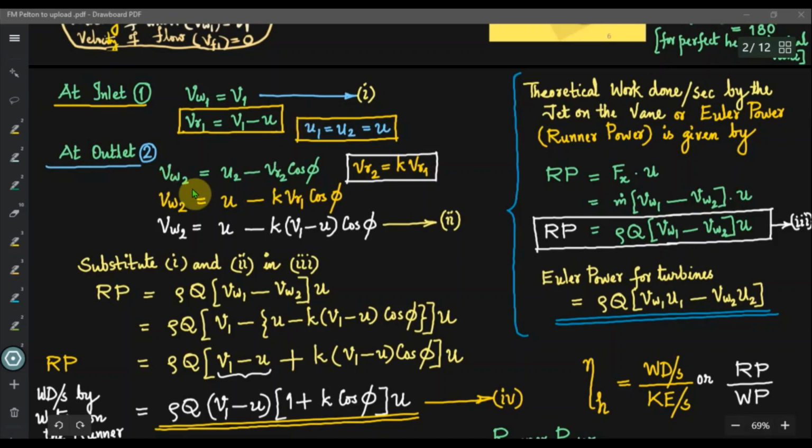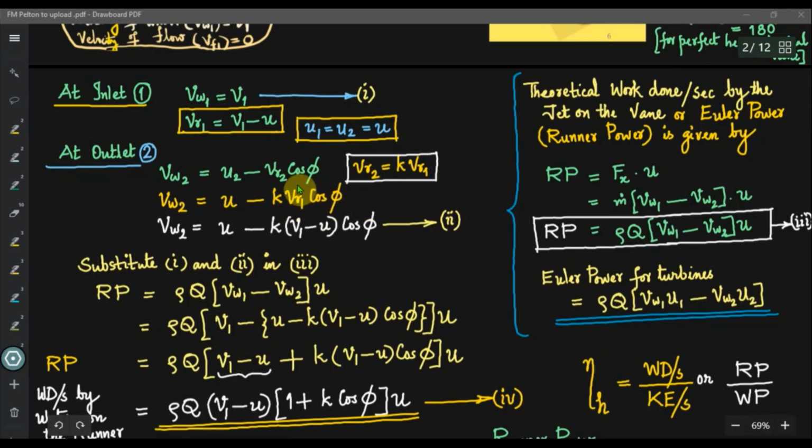VW2 is equal to U2 minus VR2 cos phi from the outlet velocity triangle. And U2 is in fact U itself. For VR2, replace VR2 by K times VR1, so U minus K times VR1 cos phi.